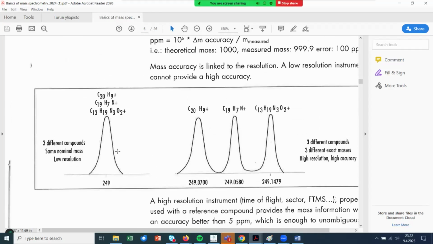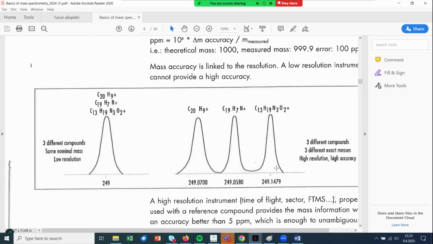In this example, these are now mass spectral peaks, remember, so these are not chromatograms. Here on the x-axis, we have the m/z ratio. If we have very high resolution in our instrument, it means that the peaks are narrow and the differences between neighboring peaks can be very small.